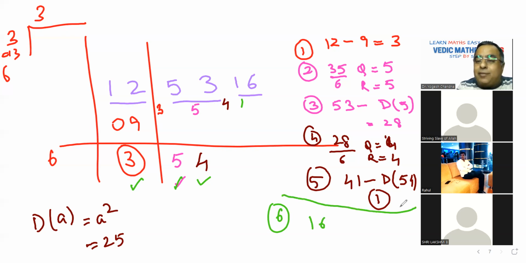So I'll carry out subtraction again. After the 5th step, you have to write that since the desired answer is in 3 digits, no further division is required. So 16 minus D of 4. Why D of 4? If you remember, duplex is like this only.